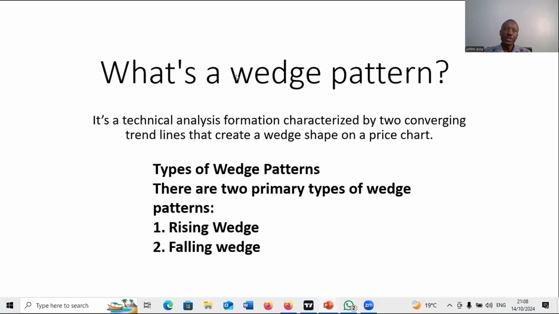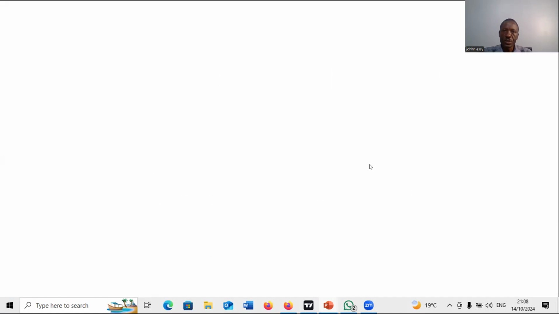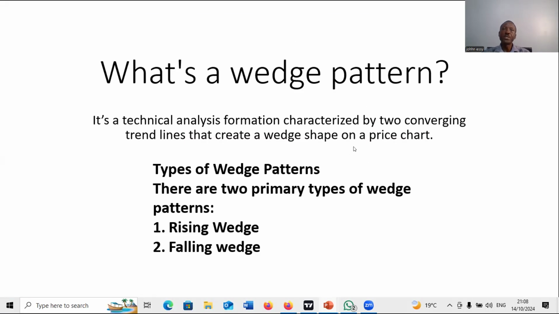So today I want us to look at the wedge pattern, which is also another very important pattern that we'll be using in our analysis when we want to pick a signal. We have two main types of wedge pattern: the rising wedge pattern and the falling wedge pattern.